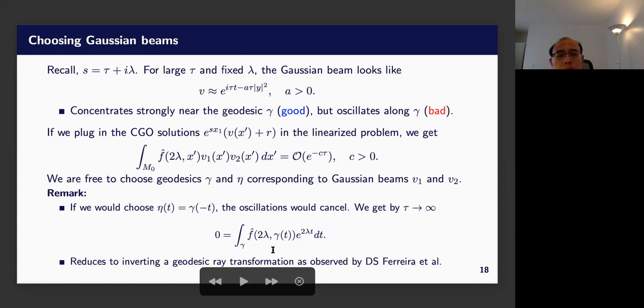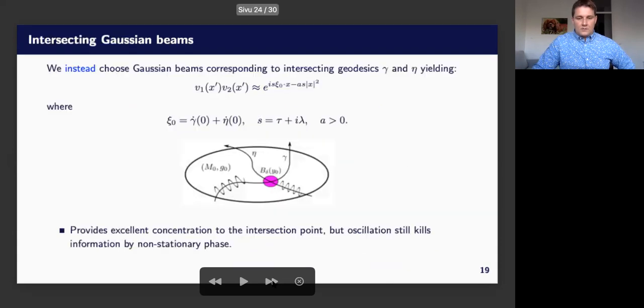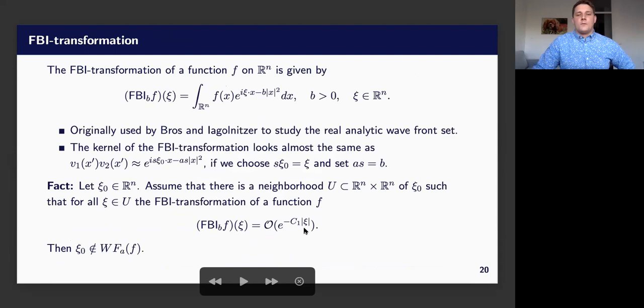The reason this affects things is that when we go to the FBI transformation here, you will have tau to the power minus capital K. And by that, you can study the standard wavefront set of the unknown F. So you can show that under the assumptions of our theorem, the unknown F is smooth on the transversal manifold, but it's not enough for the recovery.